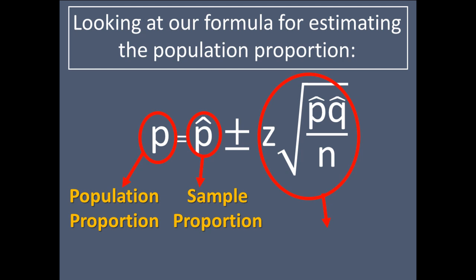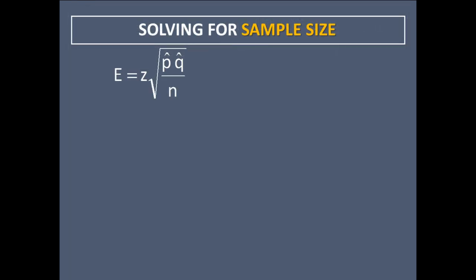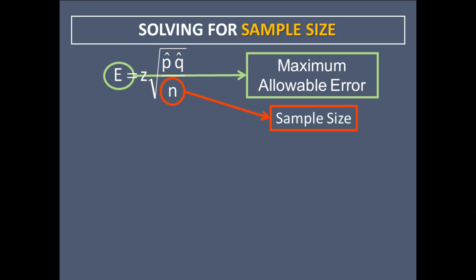And we know that everything after that plus minus is really the amount of error that we're dealing with. So taking that bit of the formula and rearranging it to isolate for n, again we have that E is our maximum allowable error. We will be given that piece of information. We need to get the n, the sample size, on the side all by itself.